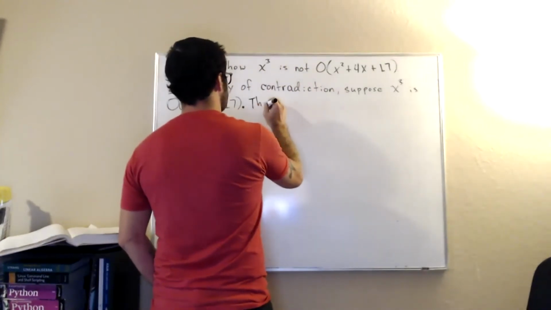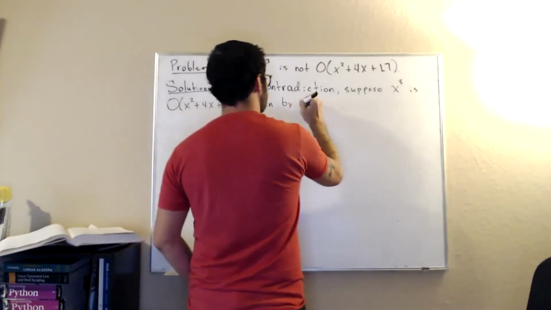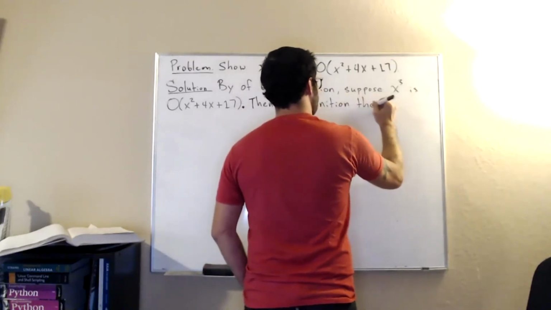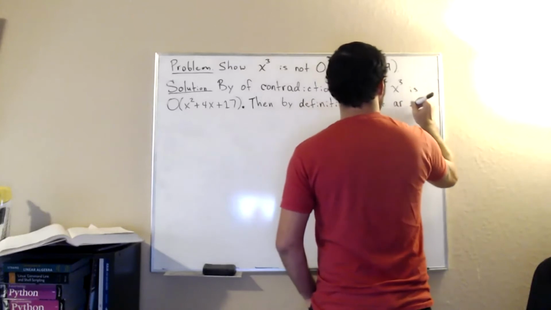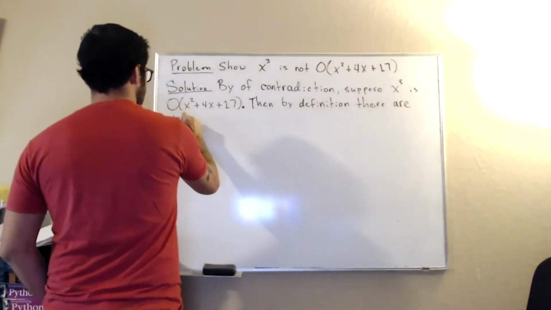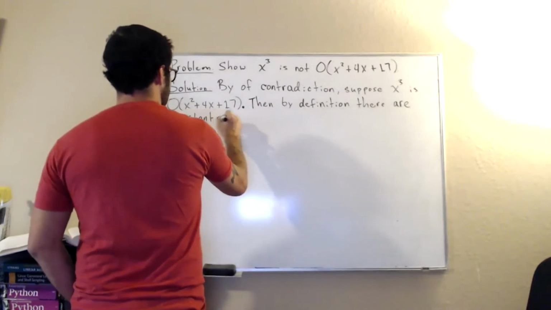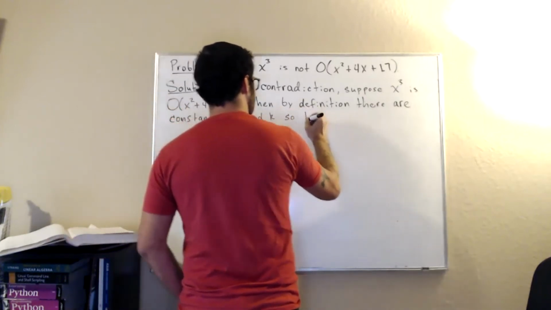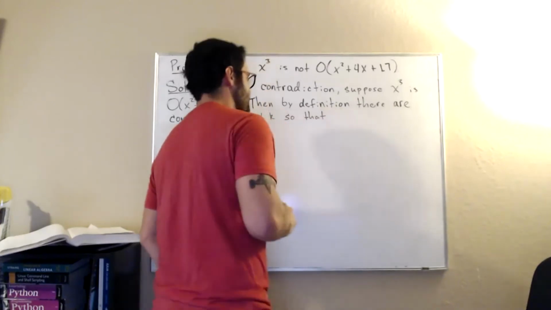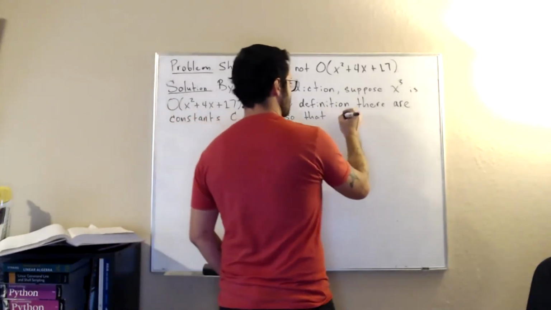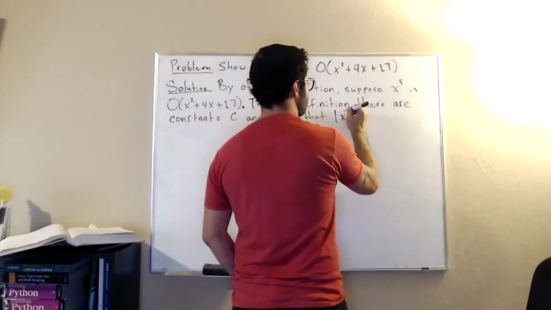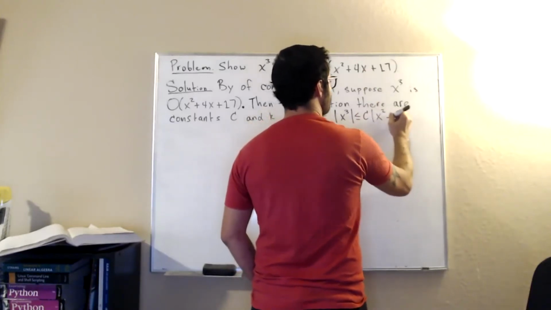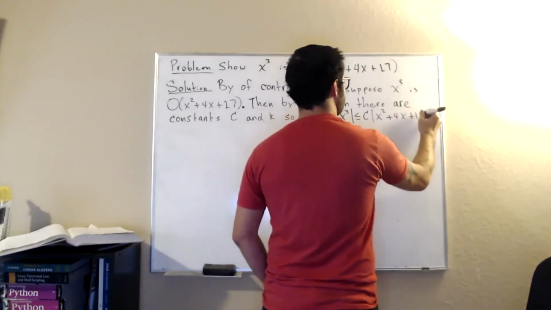So then, by definition, there are constants C and K so that the absolute value of x cubed is at most C times the absolute value of this polynomial, x squared plus 4x plus 17.